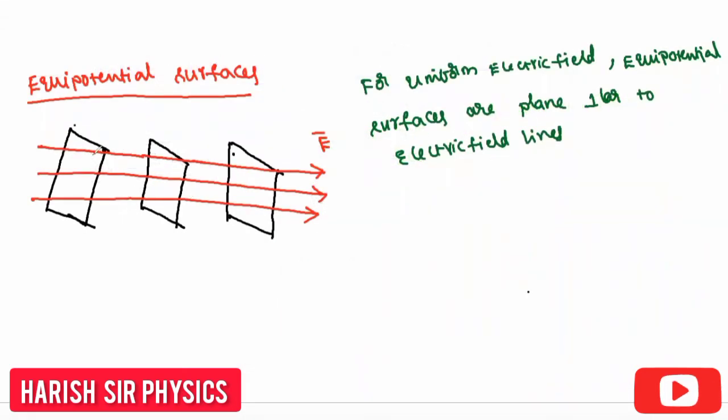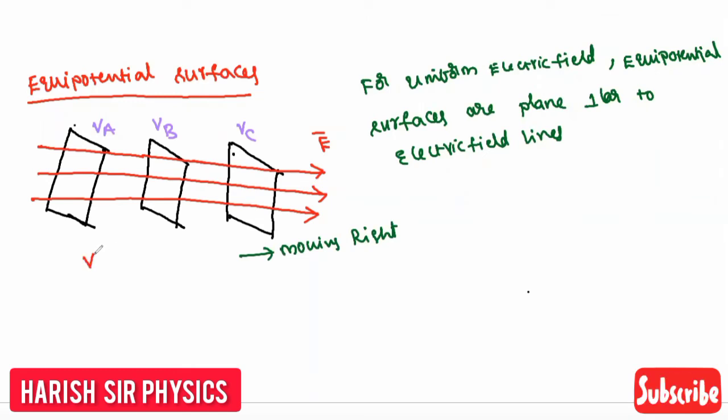equipotential surfaces. For a uniform electric field, equipotential surfaces are planes perpendicular to the electric field lines. Here the electric field lines are moving right. Here I am going to consider three points: point A, point B, point C. We know electric field lines travel from higher potential to lower potential.